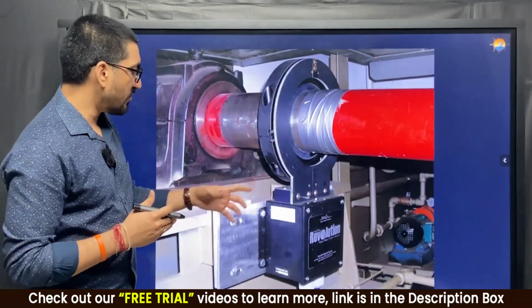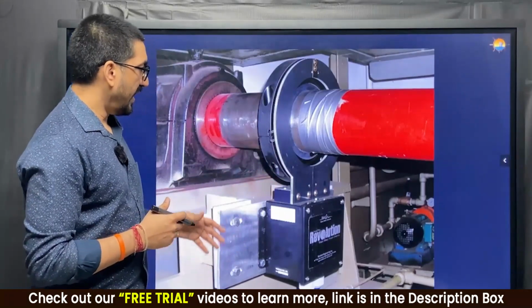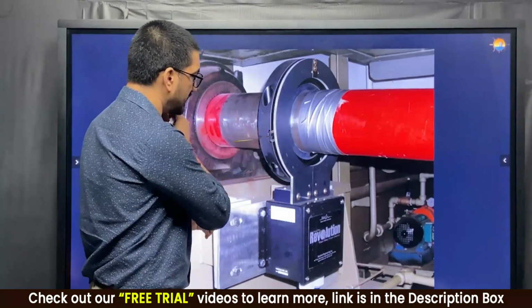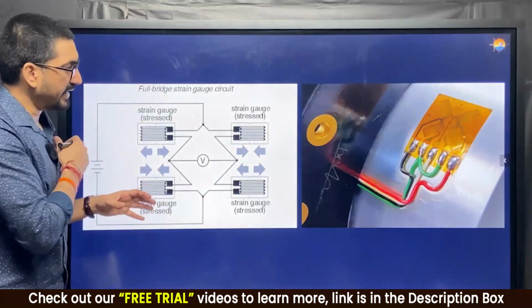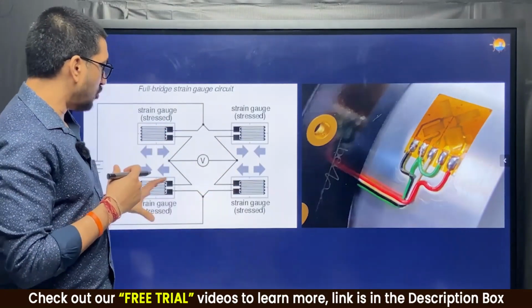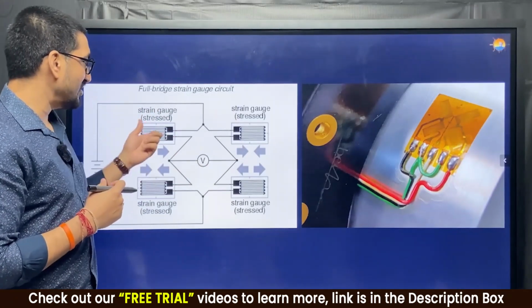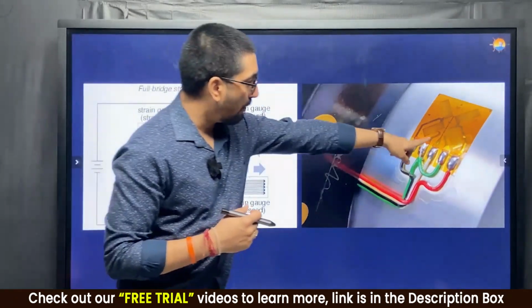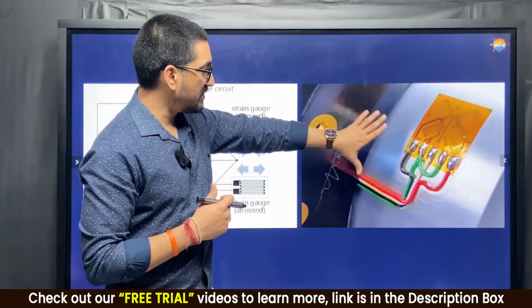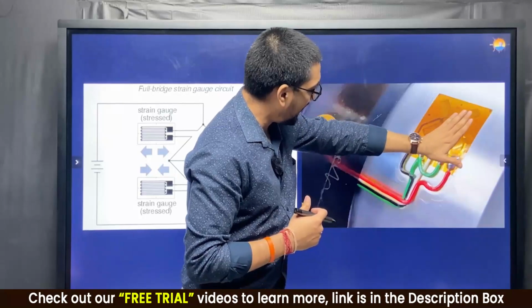So I'm using this equipment now, which is the shaft power meter. And how is it measuring? Let's see. In that case I'm not using one, but all four arms of the Wheatstone bridge, and they'll be using strain gauges in this form. This is an actual picture of a shaft onto which these four strain gauges are pasted.